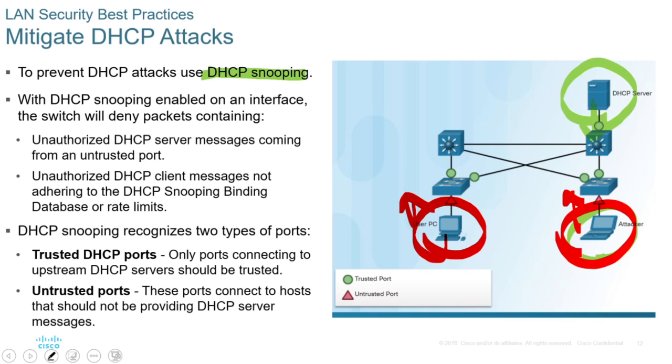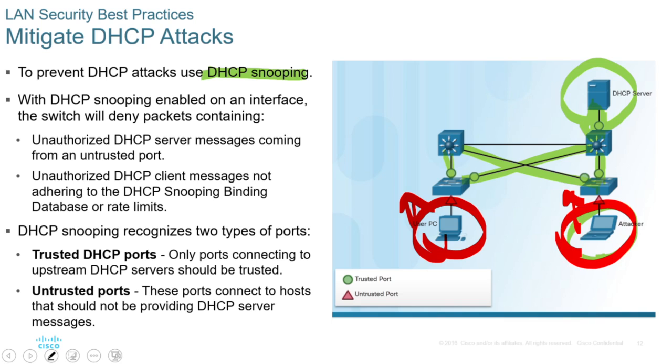What it would do is identify some of the ports as trusted ports. For example, a port that is connecting to the DHCP server will be a trusted port. Something between a switch and a router would be a trusted port, because these are the interfaces that would be expected to receive DHCP packets, as those are pathways from the DHCP server.